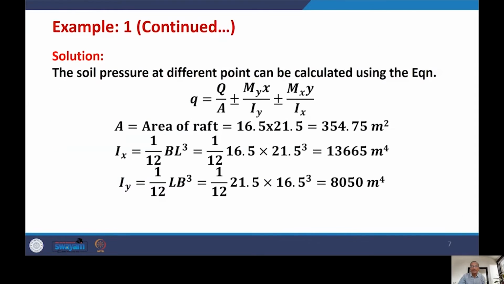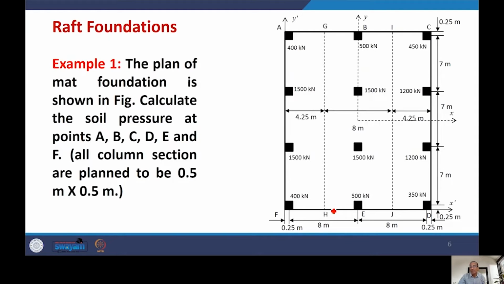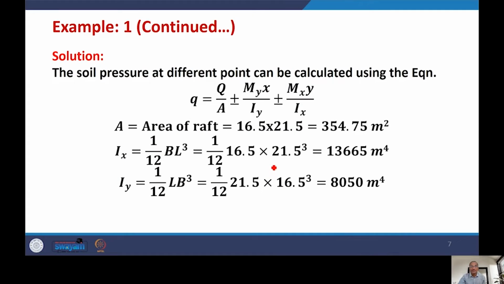So Ix is BL cubed over 12, where L is along this direction and B is along this direction. That means B is the shorter side. So when we find B, it is 16.5 meters along X direction.